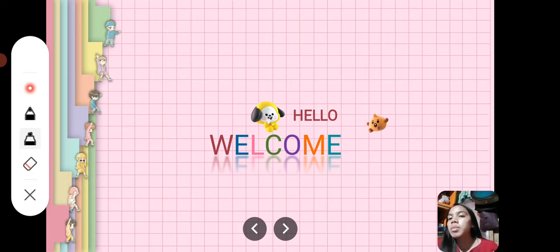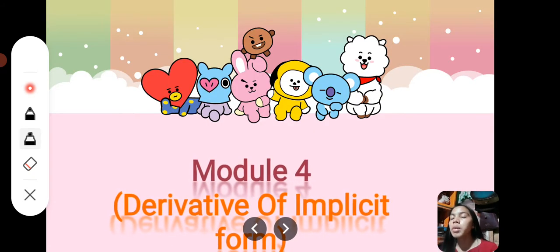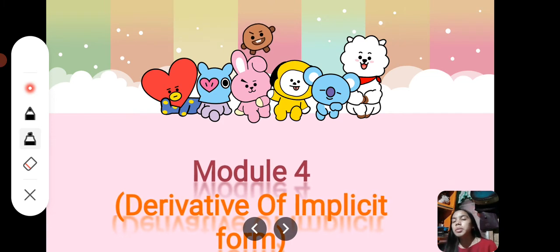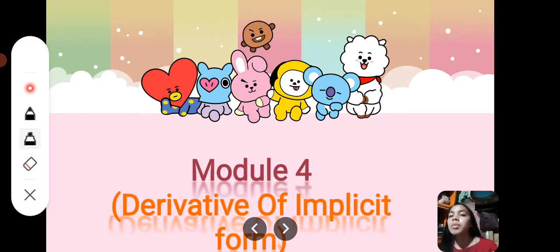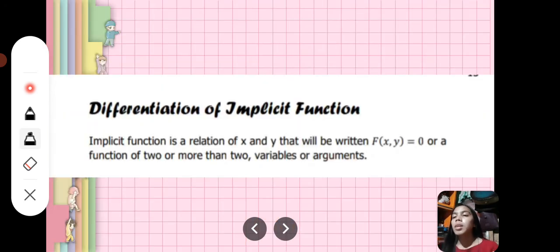We will move on to module 4. The topic that I chose is the derivative of implicit form, the differentiation of an implicit function. An implicit function is a relation of x and y that can be written as f of x and y equals 0, or a function of two or more than two variables or arguments.